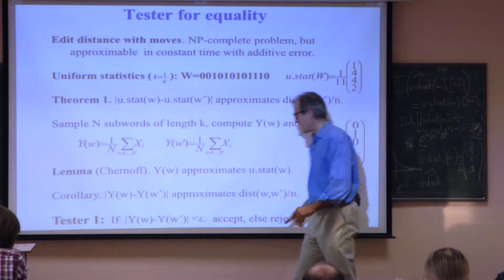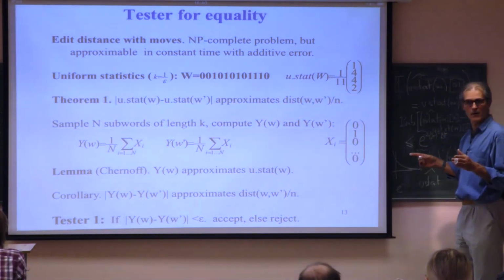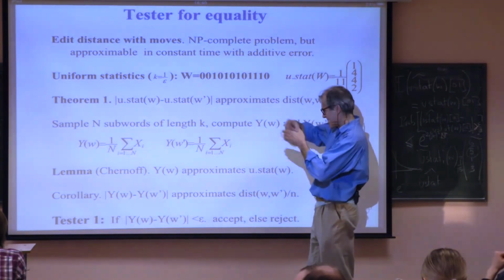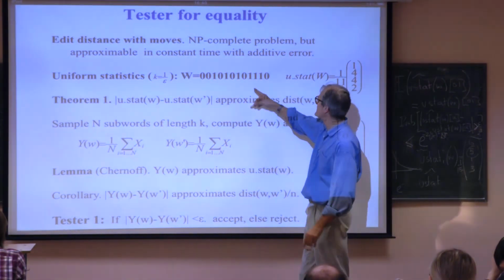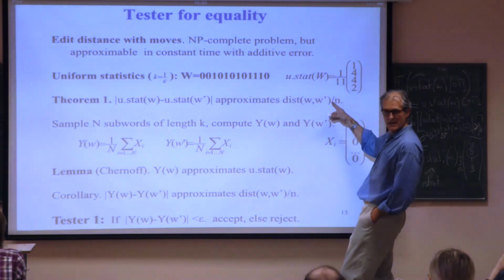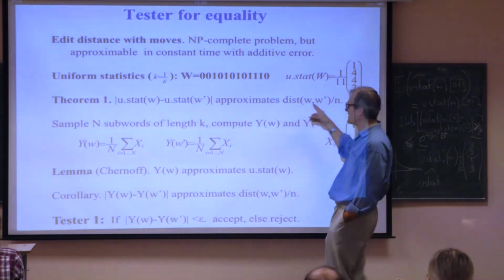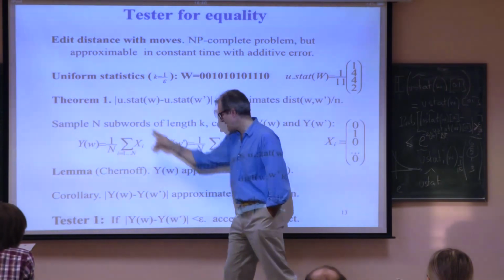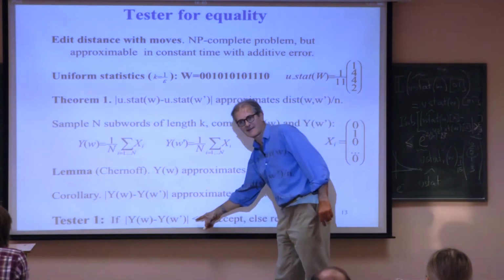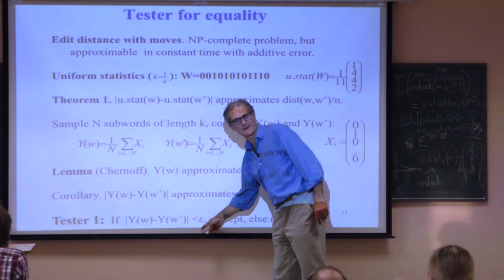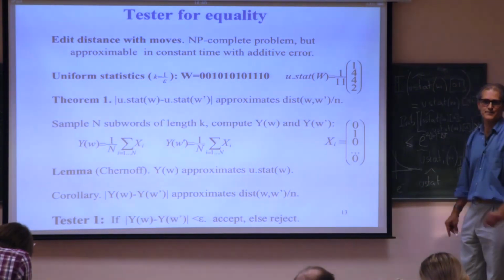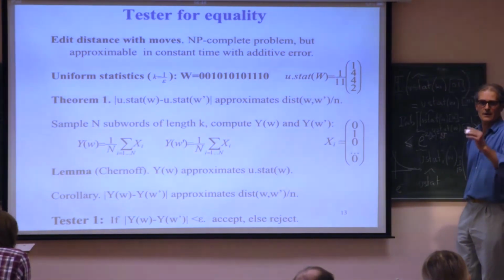Now, if they are not equal, and if they are a distance bigger than epsilon, because this approximates the distance, then this is big, and because the error between the y is small, the test is correct when this is bigger than epsilon, with high probability.